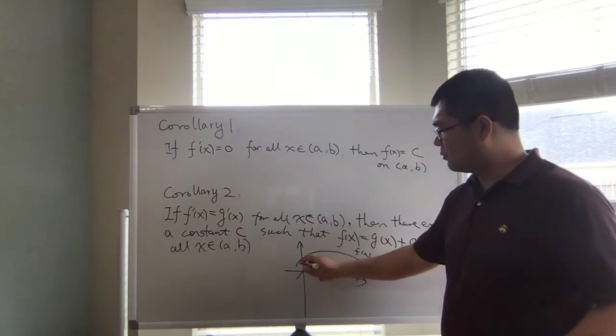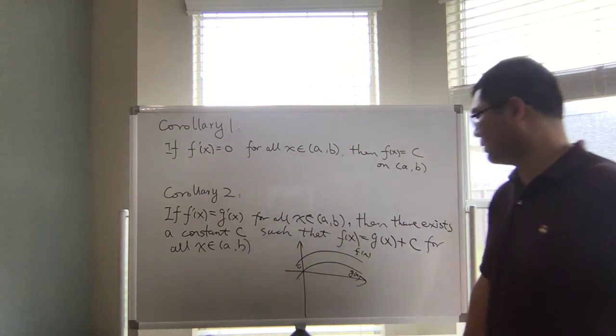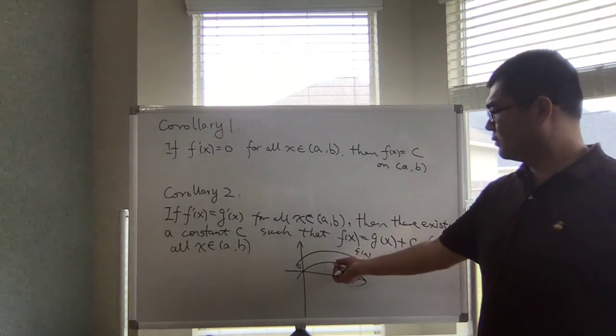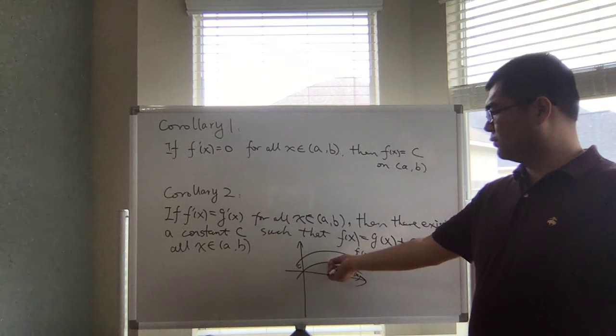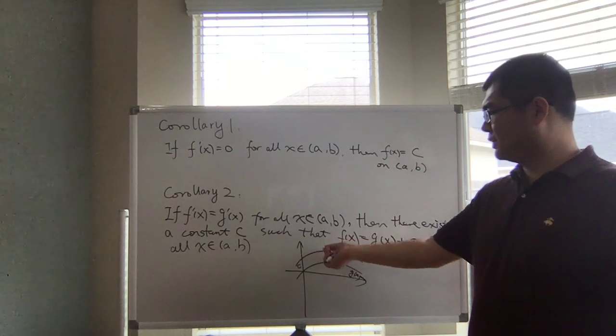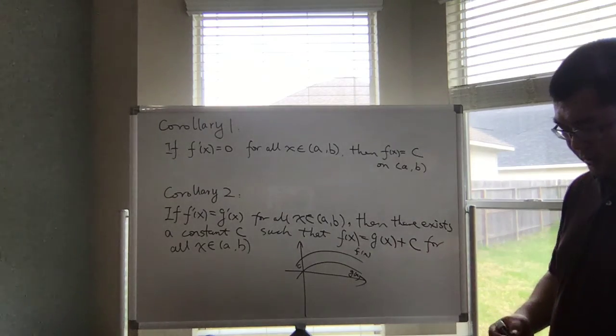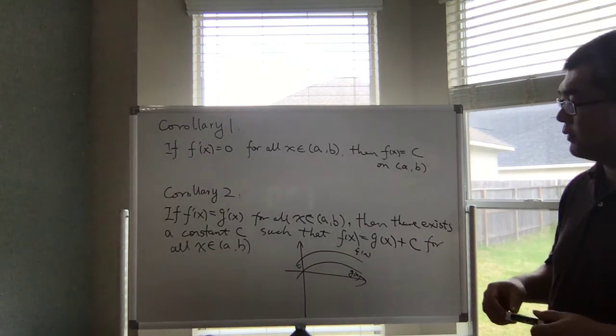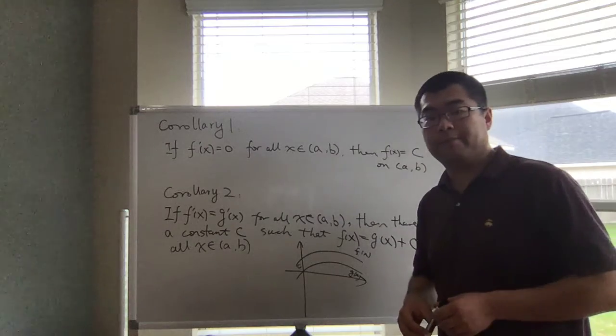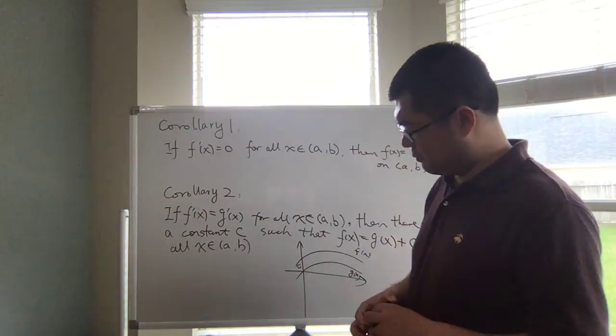So maybe we'll call the difference c. Okay. So based on g(x), if you go up c units, you're going to have f(x). So that's basically what we call the second corollary from the mean value theorem.